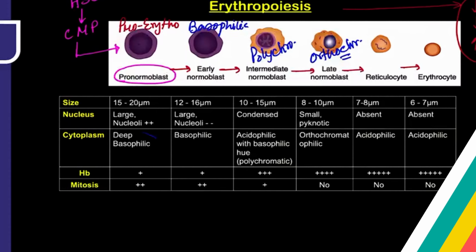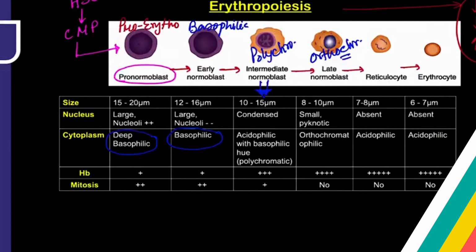Pro-normoblast means the cytoplasm is deeply basic in nature. Same for the early normoblast, the cytoplasm is basic in nature. Now, hemoglobin will appear in adequate amount in the intermediate normoblast stage.